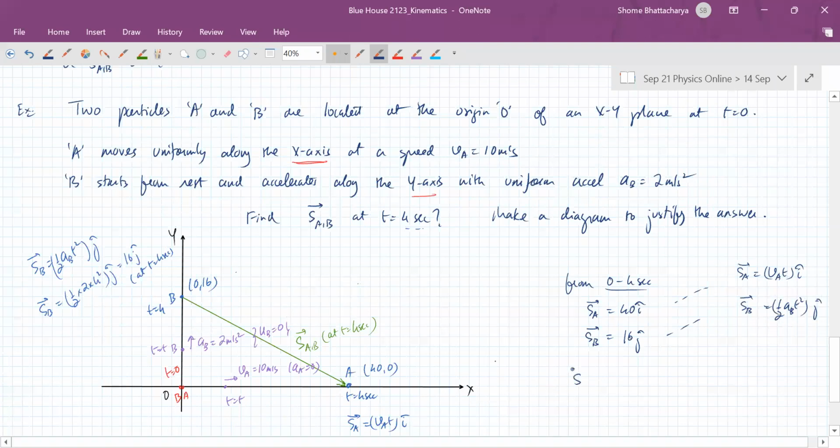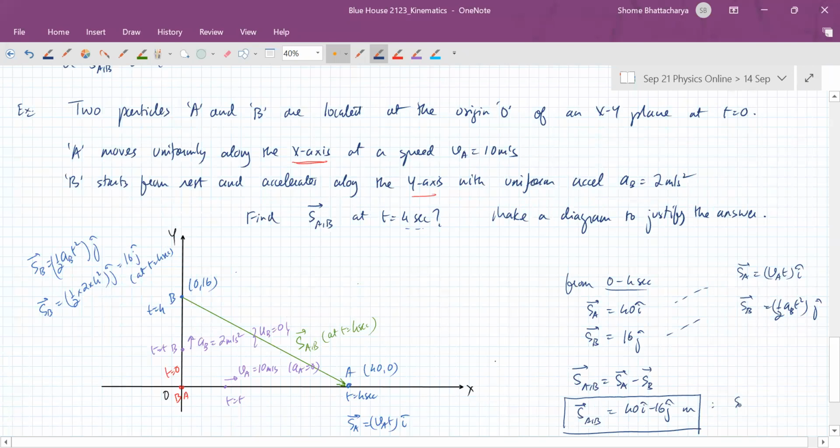So relative displacement of A with respect to B. So when we are looking for the answer in vector form, this is what we mean.